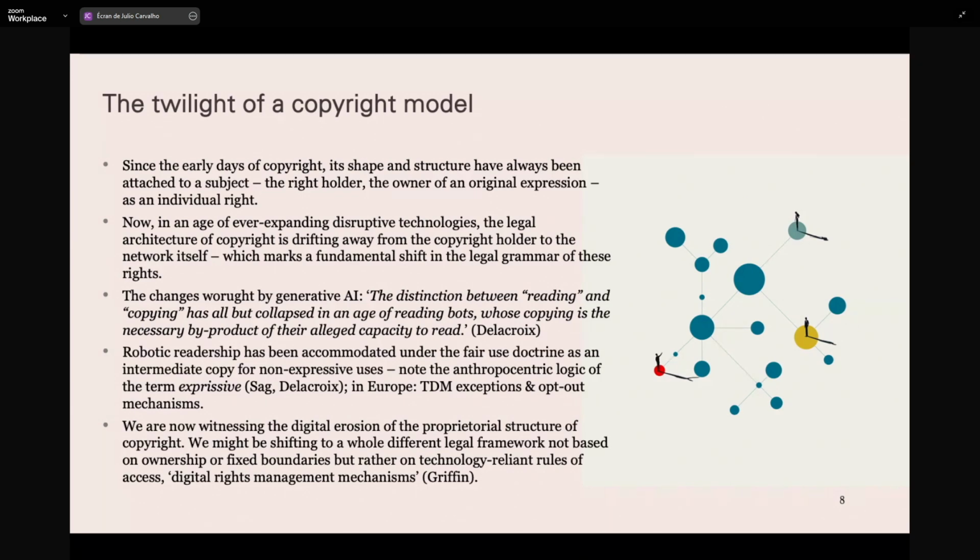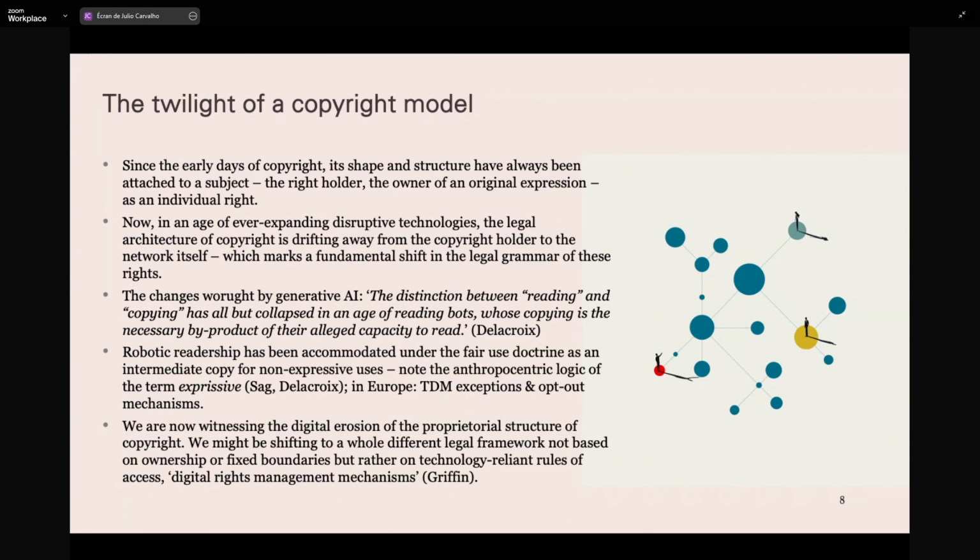This is an example of how the legal architecture of copyright has been shifting away from the individual, from subjective or individual rights, to the arrangement, to the structure of the network itself, with copyright materials streaming or dwelling. And we are now witnessing this digital erosion of the proprietorial structure of copyright, when we put it this way.